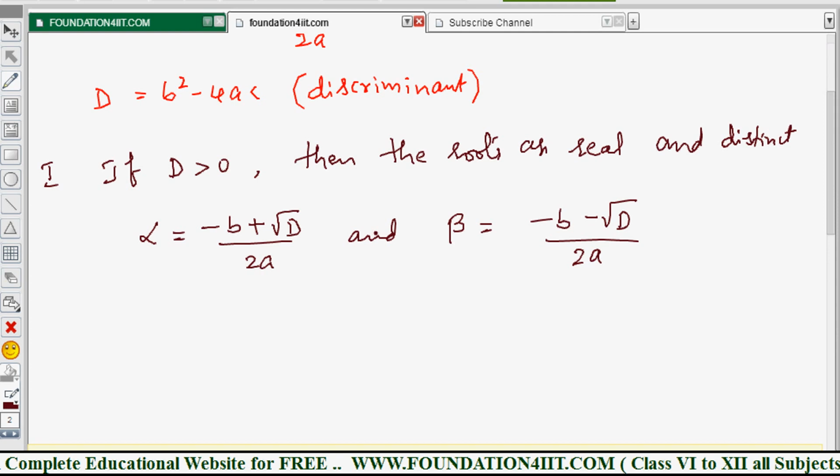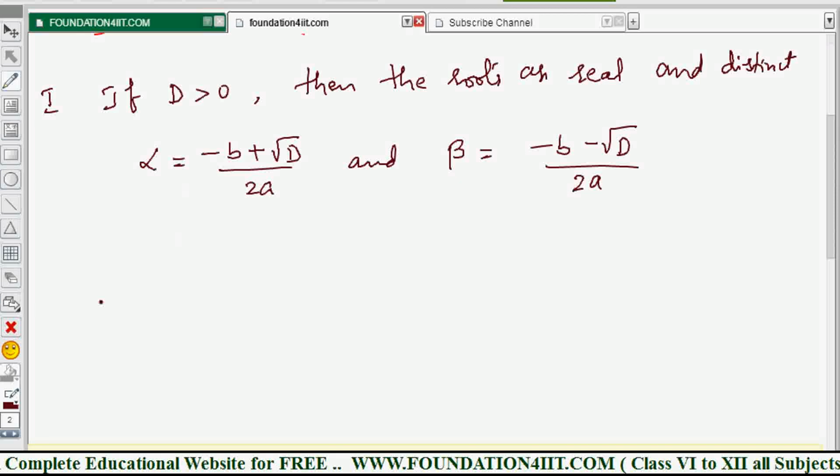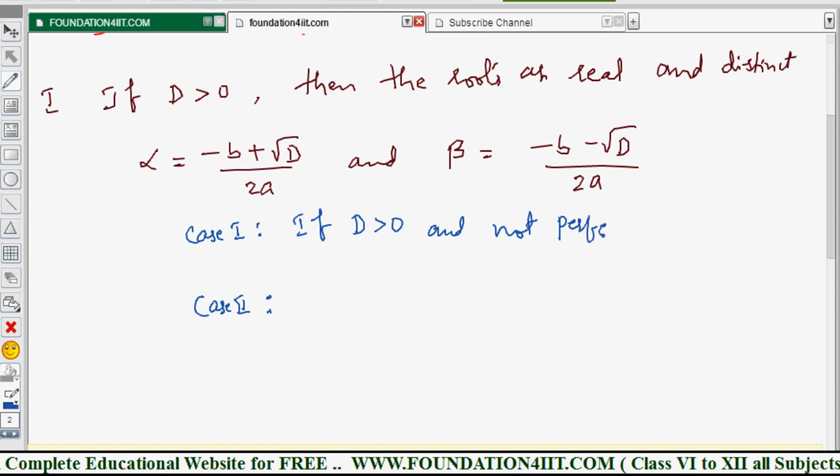In the first part only, I am taking two cases here. Observe clearly. We know that d is greater than 0. If the d value is greater than 0 and d is not a perfect square, for example, if you get root 16 we can write 4, if it is root 36 we can write 6, but if you get root 10, that is not a perfect square.